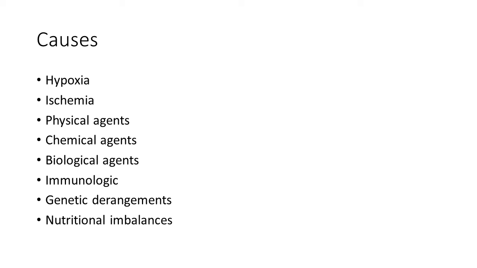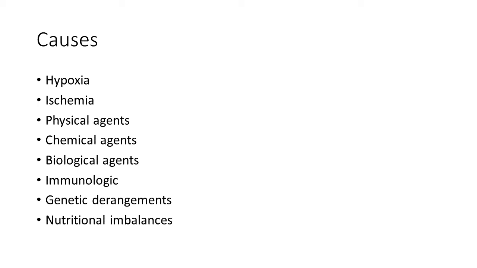Before that, coming back to other agents which can cause cell injury, these include physical agents like mechanical trauma, thermal trauma, electricity, radiation, etc. Chemical agents like poisons, acids, alkalis, pollutants.